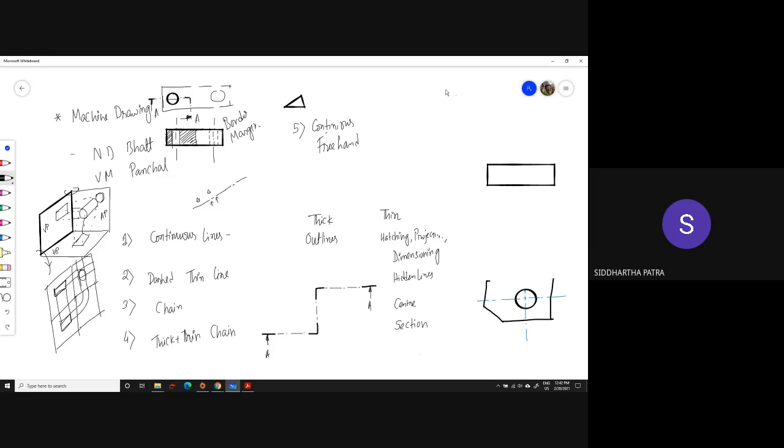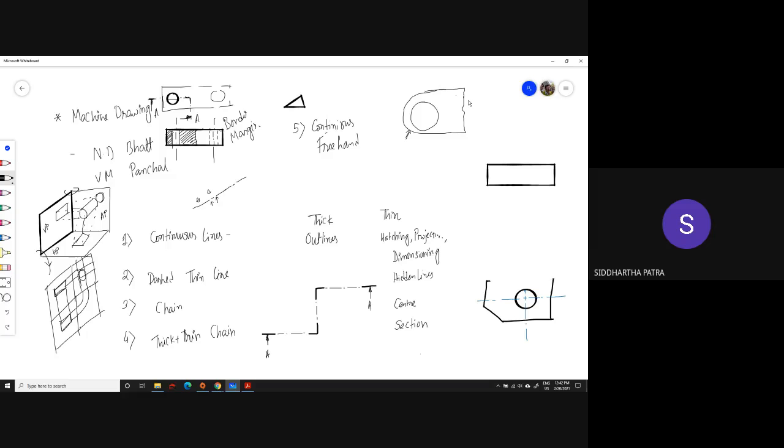You are only trying to focus on a smaller segment which probably has a circular hole. All of this part you have either used your compass or your scale to draw. Now this part I'm drawing freehand, because I'm not going to show the remaining part of the geometry.